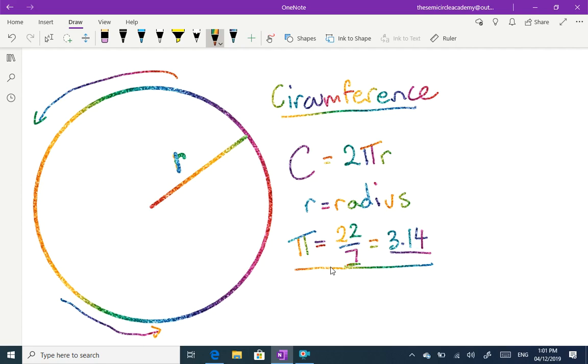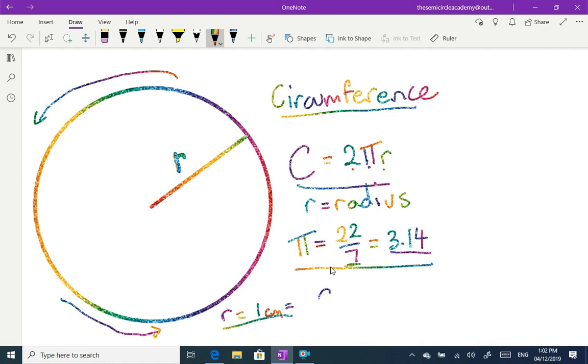So the circumference of the circle, you just use this formula here: 2 multiplied by pi multiplied by the radius. So let's just say they gave us the radius to be 1 centimeter.